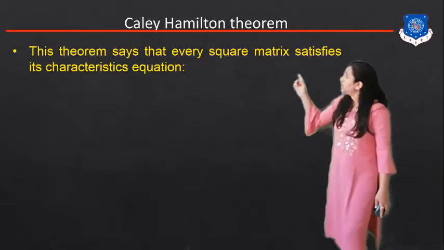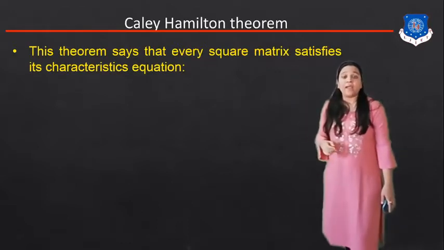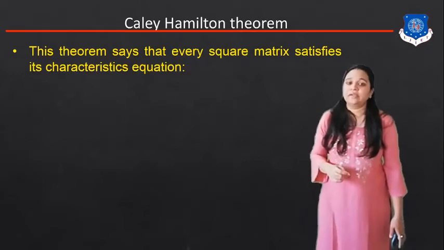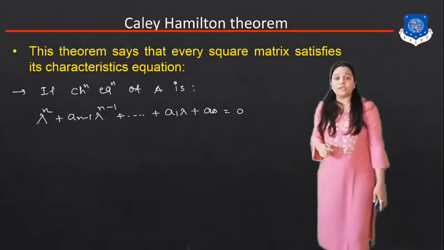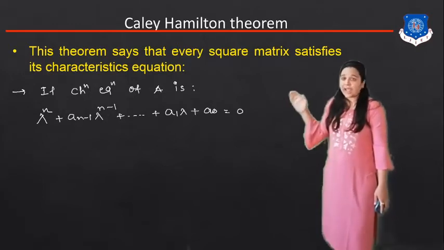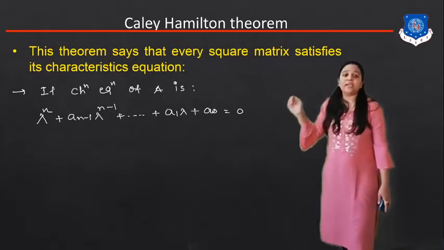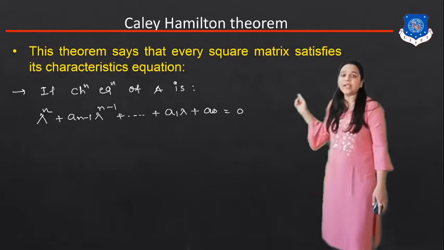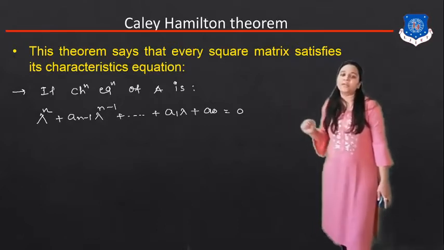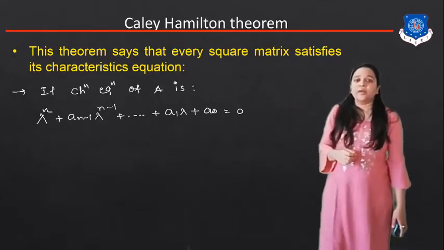This theorem says that every square matrix satisfies its characteristic equation. So what is the characteristic equation of a square matrix? The characteristic equation of A is lambda^n plus a_(n-1) lambda^(n-1) plus up to a1 lambda plus a0 equal to 0.